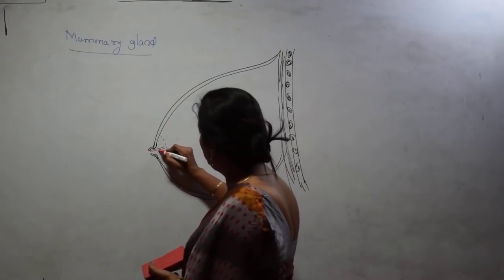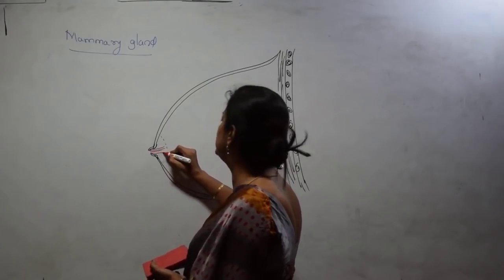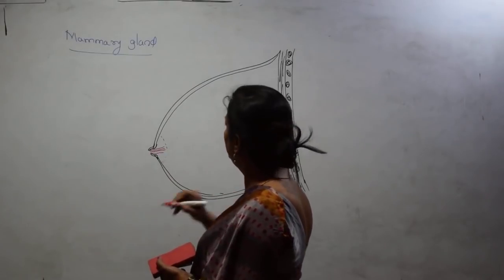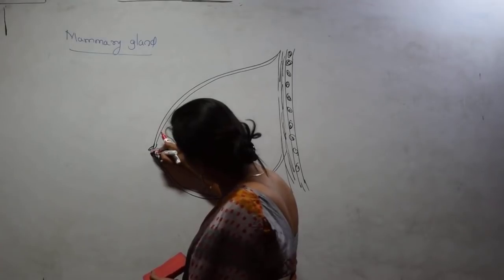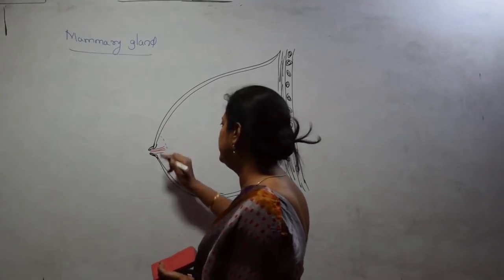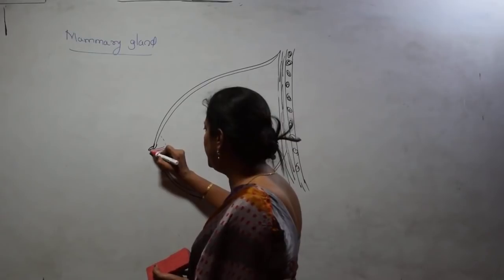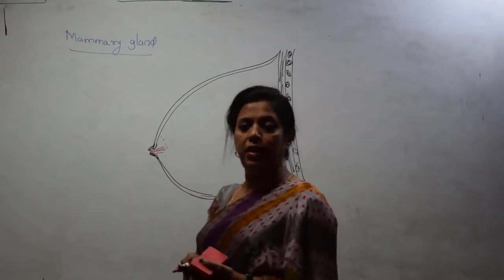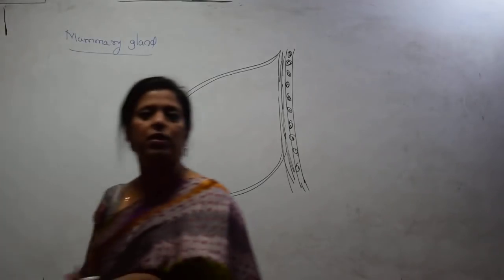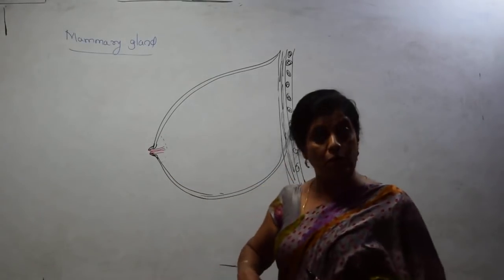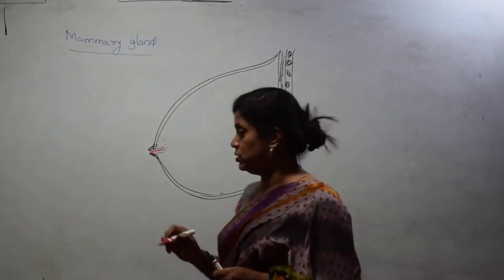This is one lactiferous duct, this is another lactiferous duct. This is in the nipple. This is what the mother is going to feed the baby, so that the baby will remain healthy, because the mother's milk contains maximum antibodies against most of the diseases.